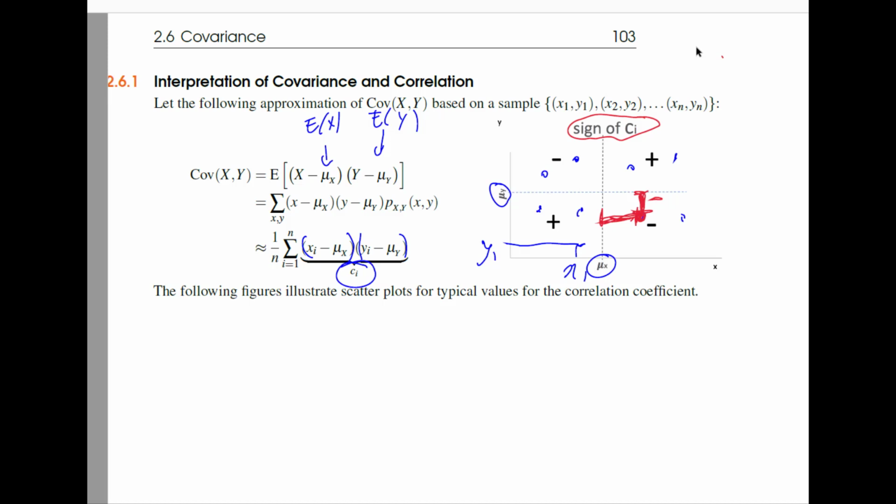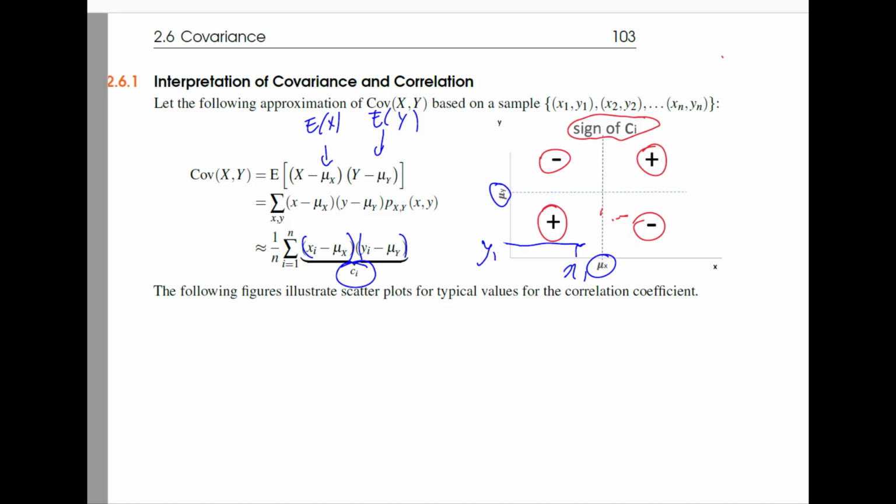So that's the only reason. And if you do that for all the quadrants, you're going to find this pattern: here and here we have positive values of CI, and here we have negatives. And this is the best intuition I can give you.